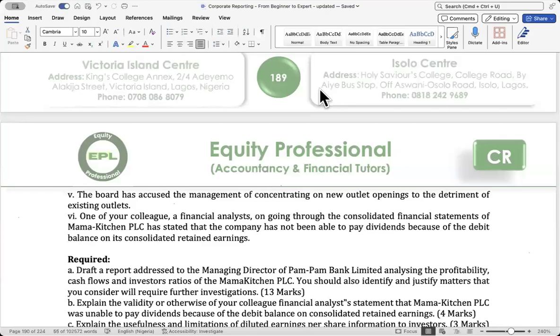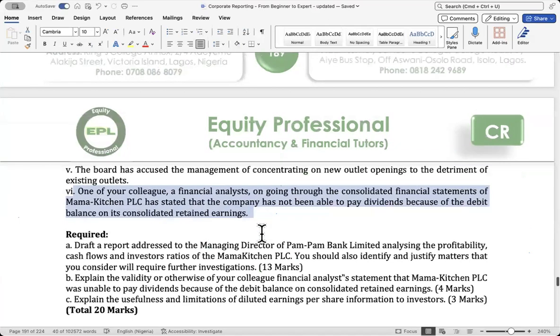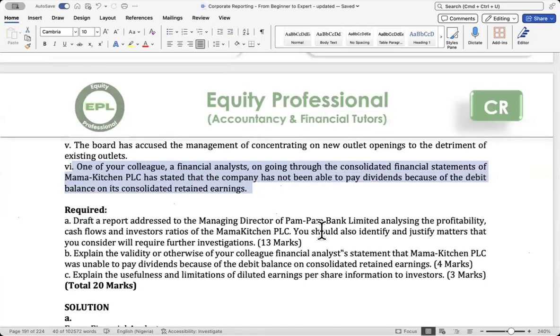They also said one of your colleagues, a financial analyst, on going through the consolidated financial statement of Mama Kitchen, has stated that the company has not been able to pay dividend because of the, okay, that was the one they were asking a question on. So how do we analyze this?